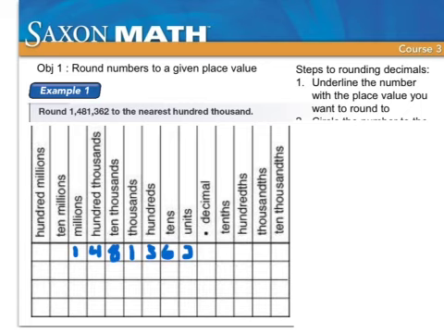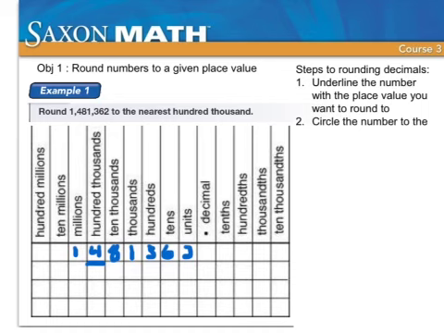Now, underline the number with the place value you want to round to. It says the nearest 100,000, so I'm going to go to my 100,000s column and underline that number 4. That's the place I want to round to.